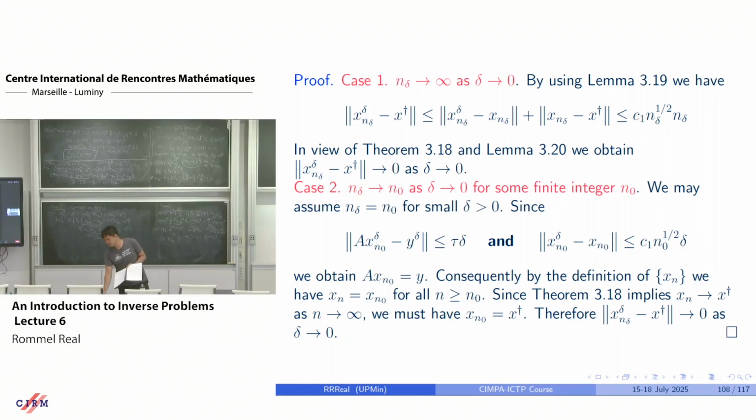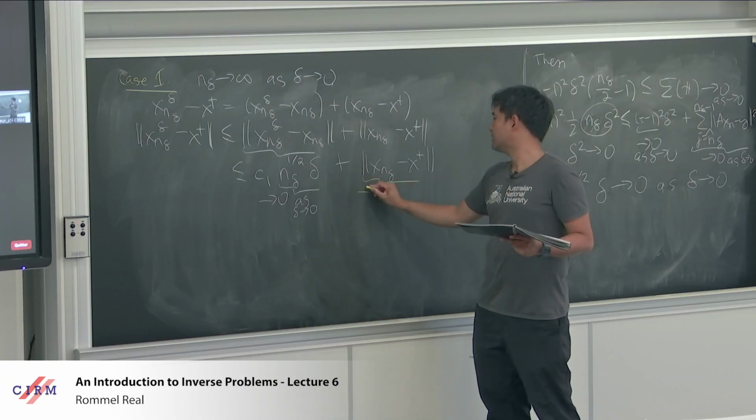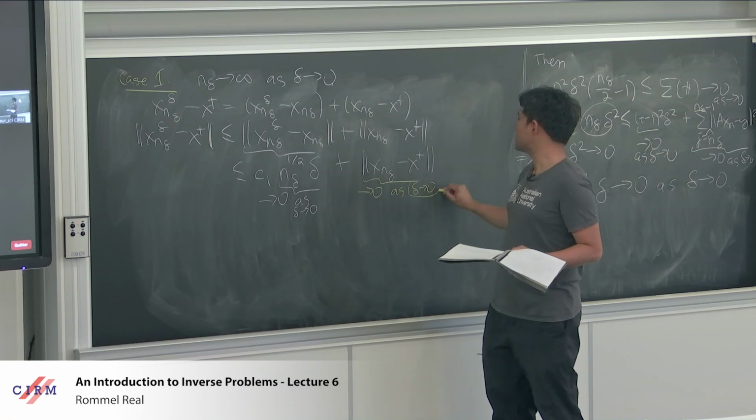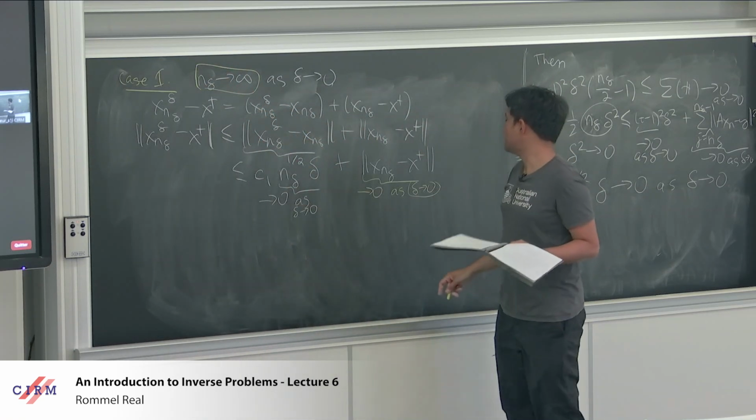For the second term, n sub delta goes to infinity, and by lemma 3.18, we know that this converges as delta goes to 0, because as delta goes to 0, n sub delta goes to infinity.